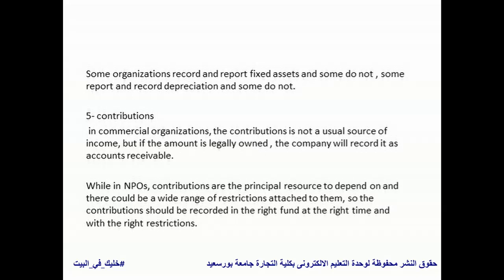It's the main resource that the NPO depends on. And there could be a wide range of restrictions attached to these contributions. So the contributions should be recorded in the right fund at the right time and with the right restrictions.